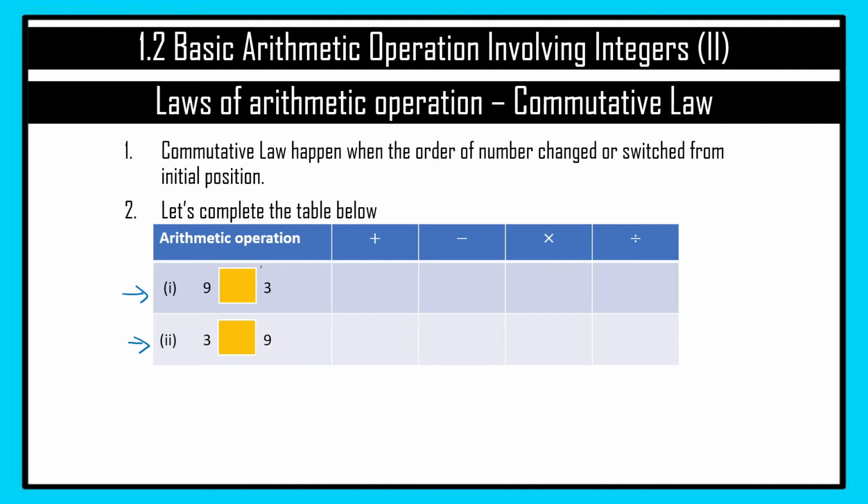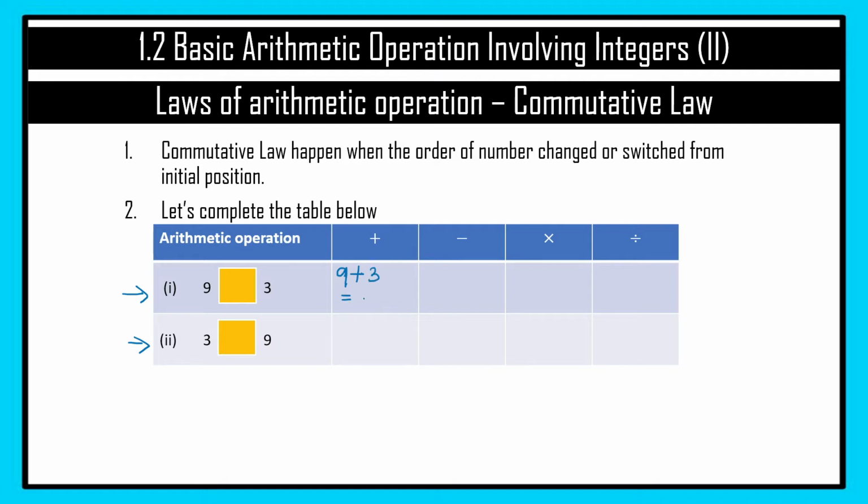Now you see this yellow box? This yellow-orange box, we are going to replace with the operations that you see at the top of the table: plus, minus, multiply, and divide. So the first one will be 9 plus 3.